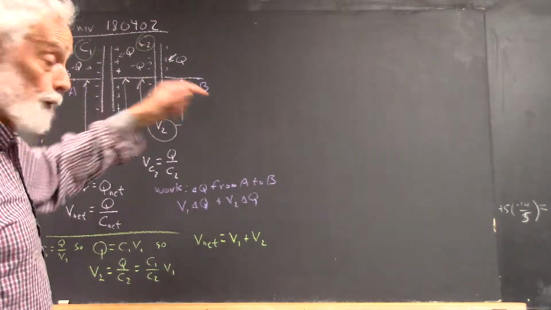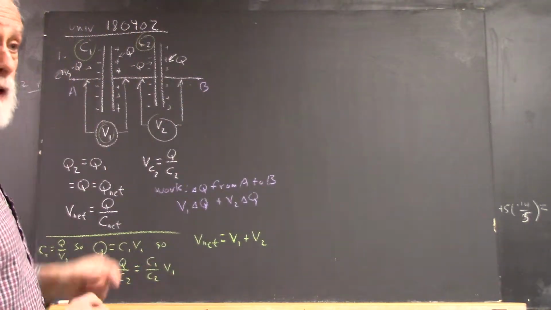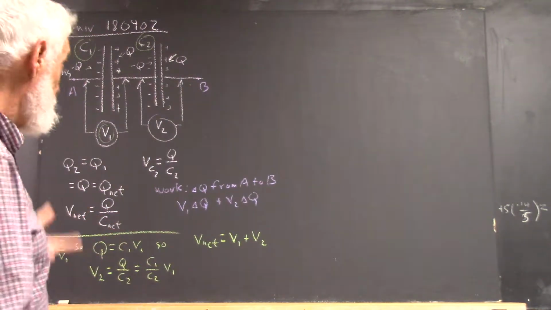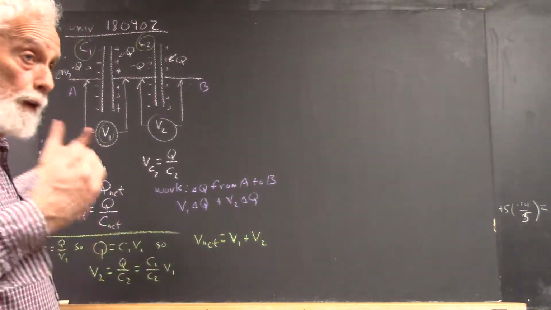I'm not going to write out all those details, but that's the way you want to look at it. Okay, just the line integral of your electric field, etc., whatever.